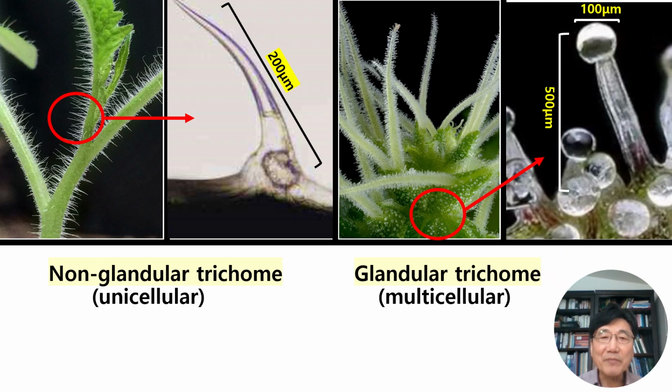They occur on all parts of the plant except the roots. However, stalked glandular trichomes, as shown in the right photos, are multicelled and more abundant on female flowers. They are 500 micrometers in length and 100 micrometers in diameter, so they can be seen with the naked eye.